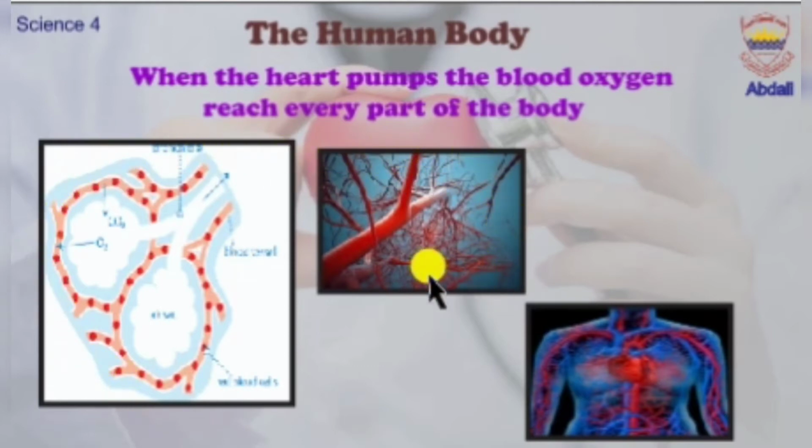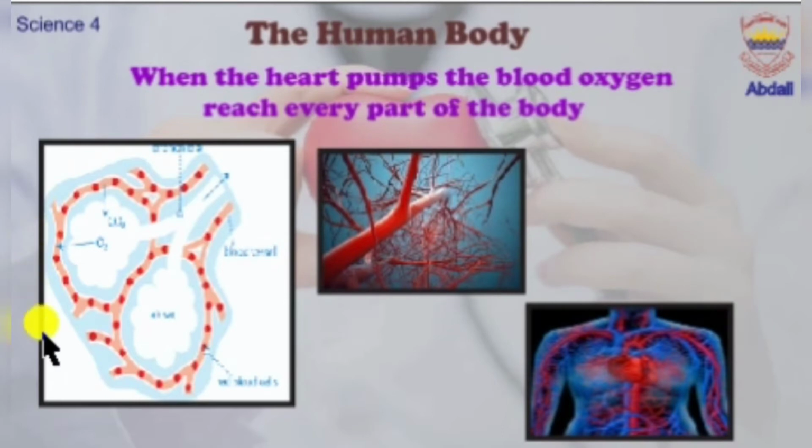Students, can you define the function of pumping blood? When the heart pumps the blood all around the body, the oxygen reaches every part of our body.